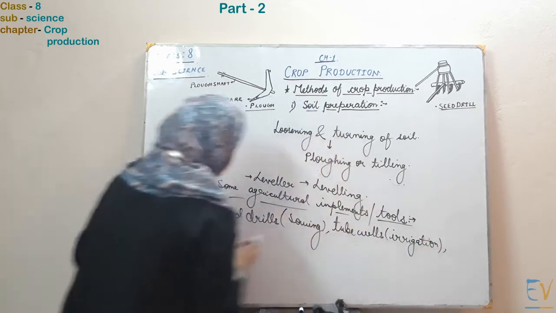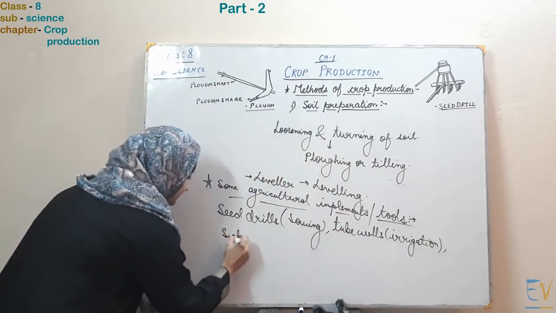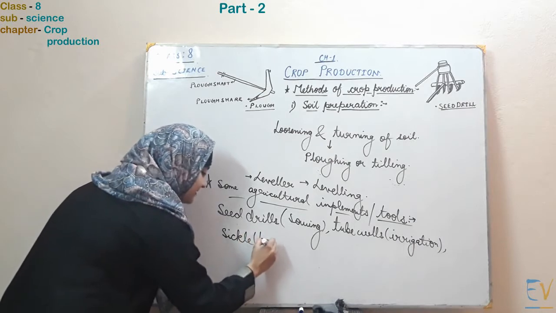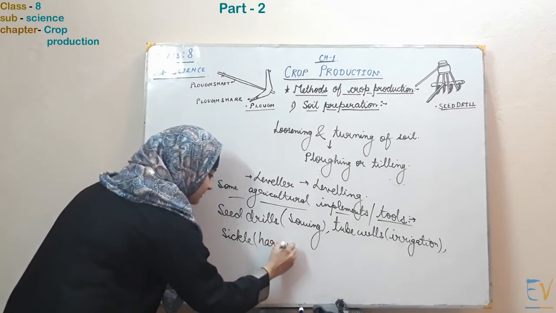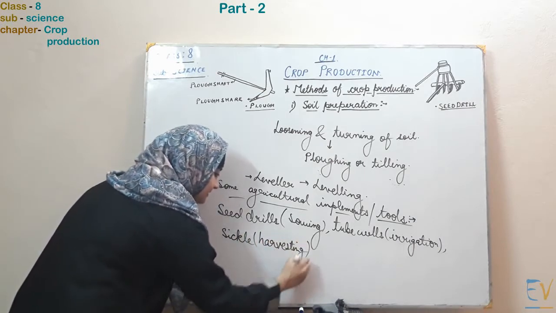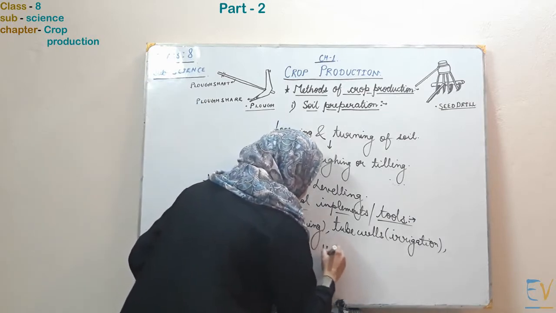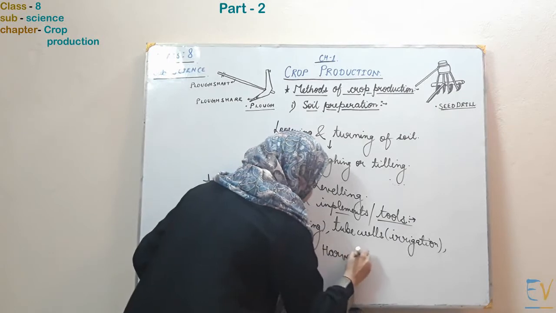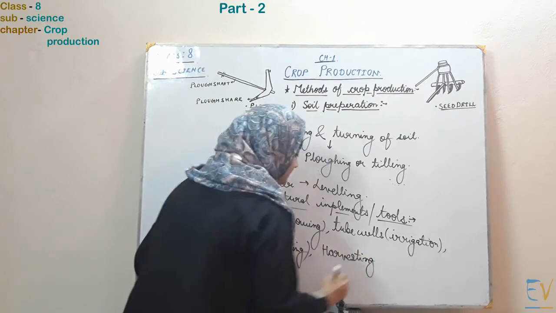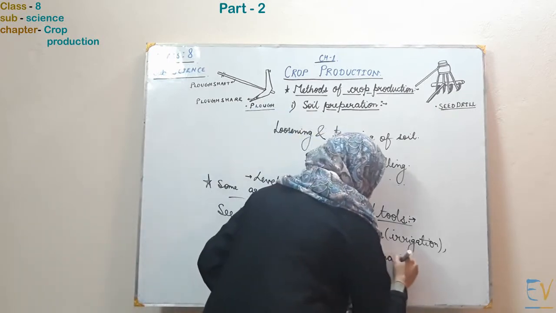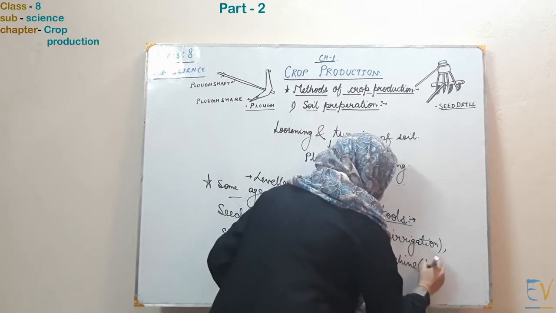Then sickle. Sickles help in harvesting. Then harvester, or harvesting machine, helps in harvesting.